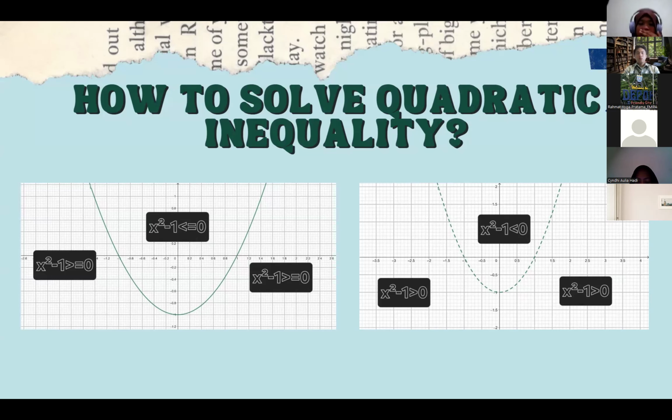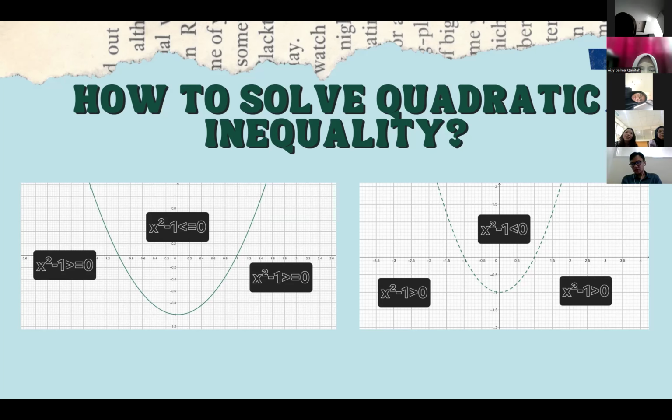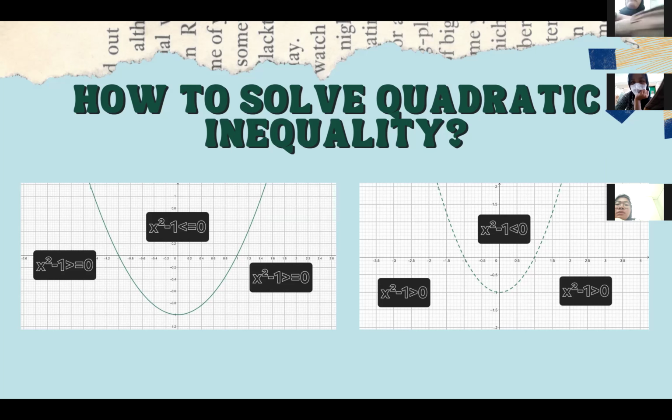The expression uses less than or equal to or greater than or equal to. So with the brackets, the curve is strictly not pointed, and on the right side, the curve is kind of a dotted line, so not straight. So if you are using less than or equal to or greater than or equal to, you have to make the curve like a strict line.